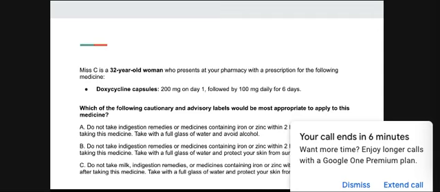Option B, that's correct. Well done. Option B is correct.